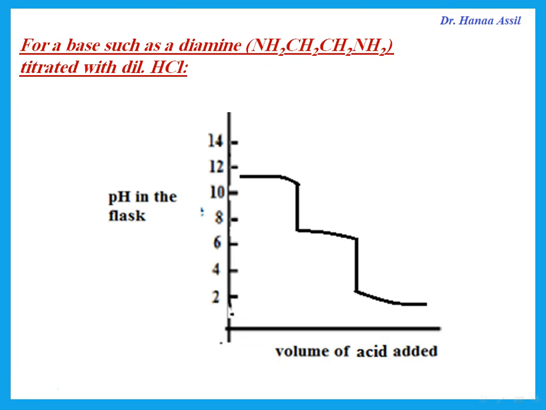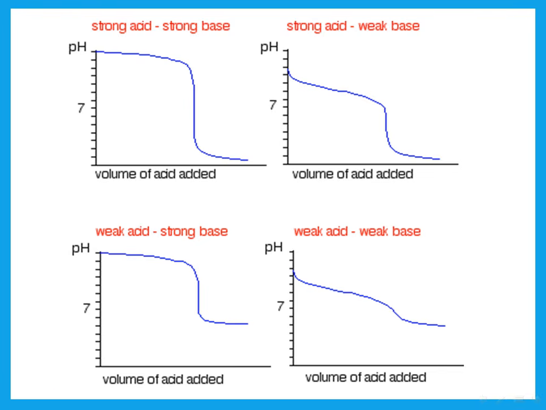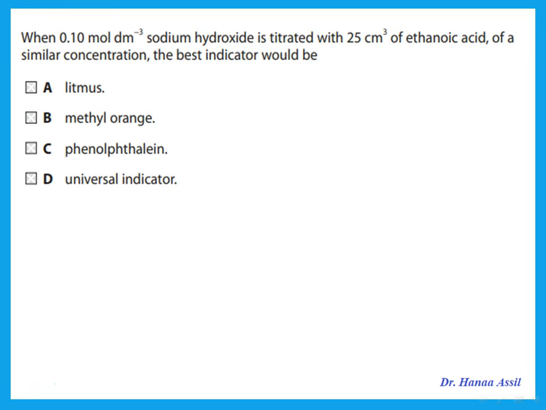So you'll have also two bumps, but in this case, we have a base, so the pH is high, and we're titrating it with the acid. So this is a summary of the graphs. Please understand it, then you will be able to remember it.